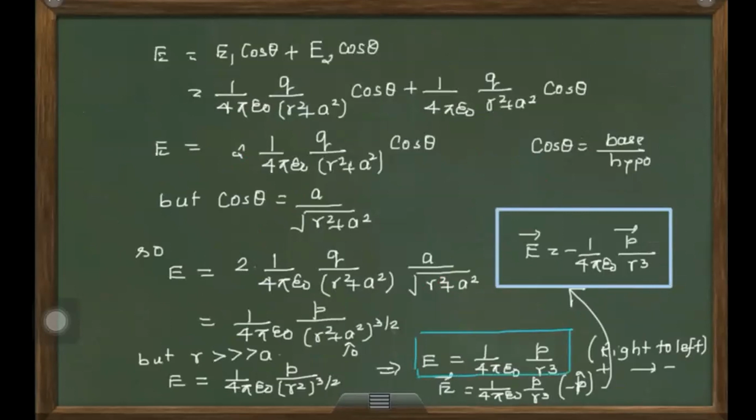Means when you are on the axis, suppose at distance r, and you are getting some value of electric field, then you move on the equatorial line at the same distance, your electric field will be half of the field which you got at the axial point.